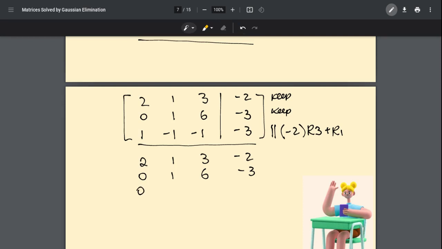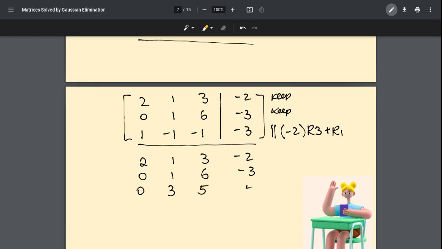Then I do -2 times 1 minus 2. Yeah, I'm multiplying the third row by -2. So -2 times -1 is +2 plus 1 is +3. So you get +3 here.